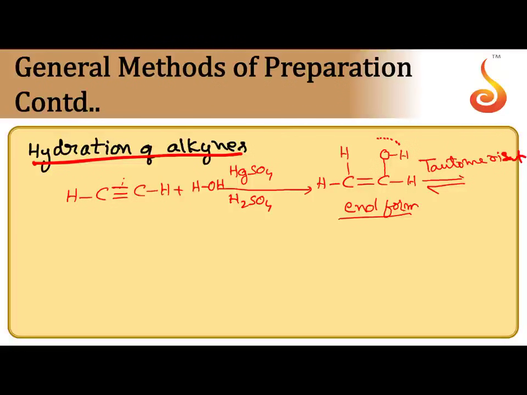During the tautomerization, H is migrated to carbon, and the C=C pi bond is shifted from CC to CO. So we can get CH3 on the left side, C=O. This is the method to prepare acetaldehyde. If you take propyne, you can get another product. This is the method of preparation from alkynes by hydration.